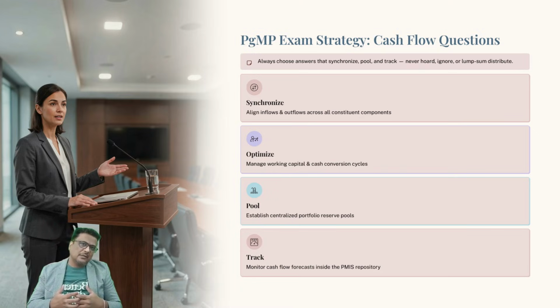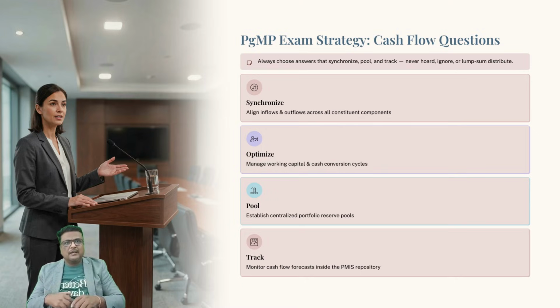In very simple words, this means whenever you read an exam question where a portfolio or program is experiencing cash shortages, delayed revenues, or inefficient fund distributions, your correct answer choice will always involve synchronizing component cash forecast, optimizing working capital terms, pooling reserves centrally, and tracking liquidity in the PMIS.